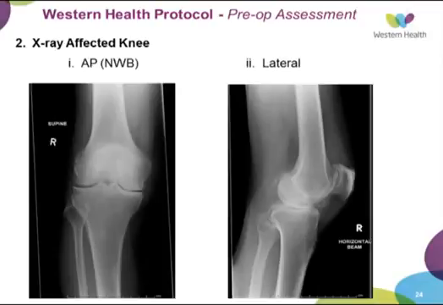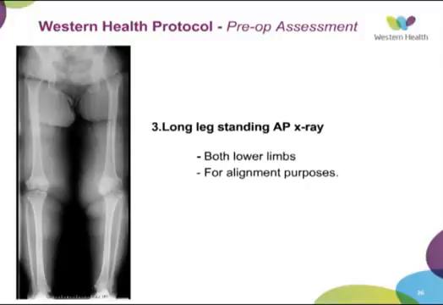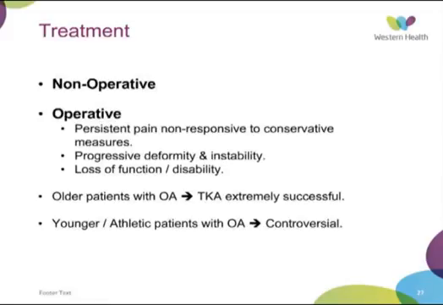Your AP non-weight-bearing x-ray and your lateral x-ray, and your intercondylar and skyline views, and your long leg standing AP x-rays, which look at both lower limbs and are for alignment purposes.